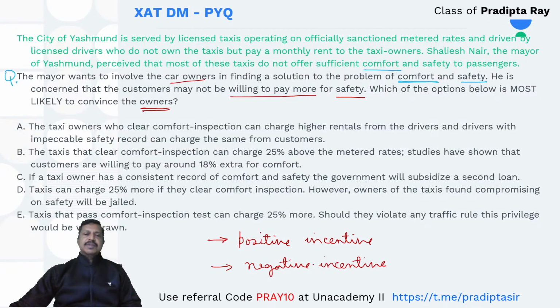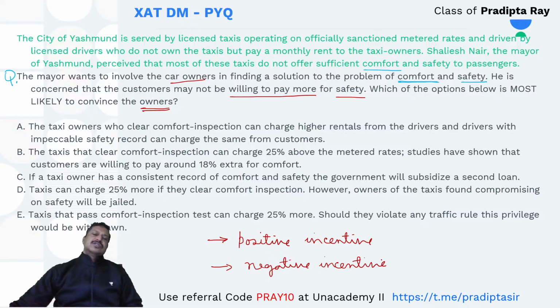A negative incentive will be that if an employee reaches office late by 3 days in a month, he'll get a salary cut of say 10%, a penalty of 10%. So that's a negative incentive, or a penalty, I can say.